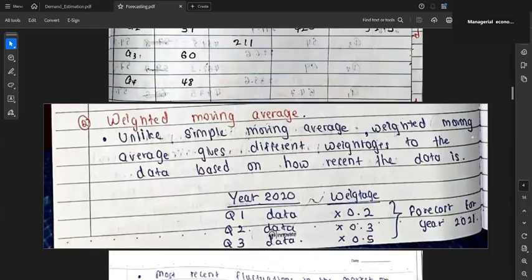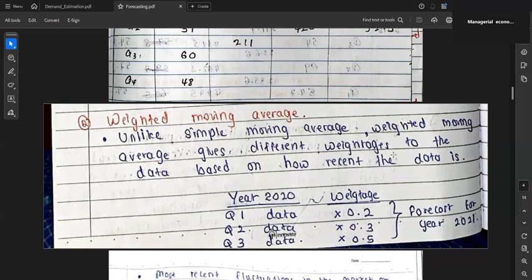In the weighted moving average, in the simple moving average, as you can see, we are giving the same amount of weightage. But the event that occurred 1 year back and the event that occurred 4 years back will not have the same effect on the current year. The events that have occurred in the closest time period will have a higher impact on determining what will happen in the current period.